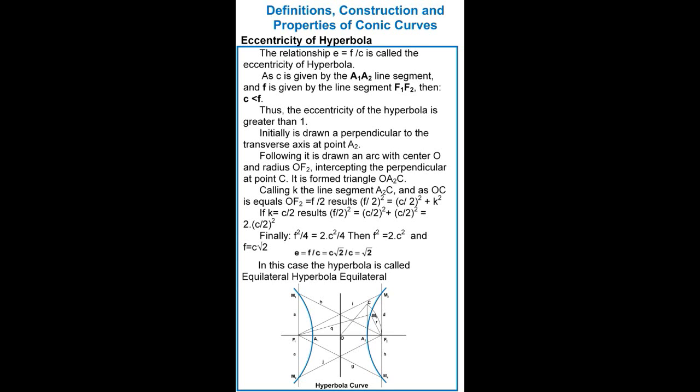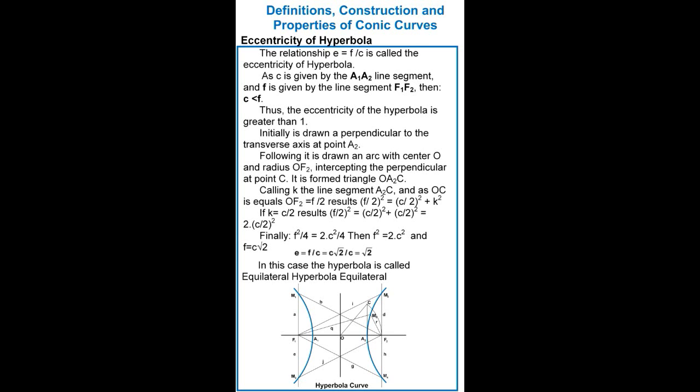Tracing a perpendicular to the transverse axis passing through the point A2, and drawing an arc with center at the point O and with radius OF2, intercepting the perpendicular at the point C, the triangle OA2C is formed.